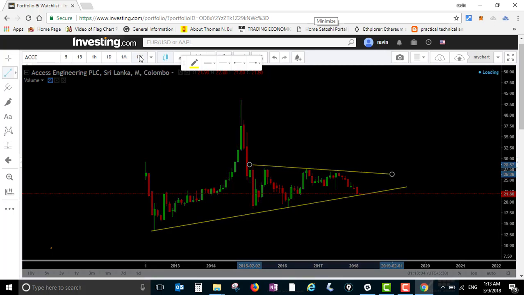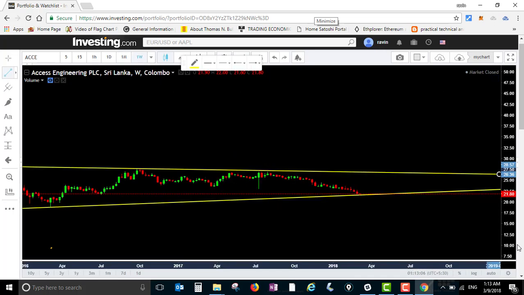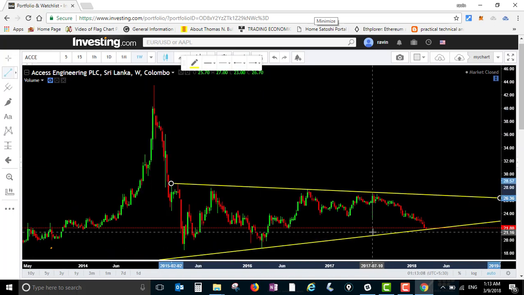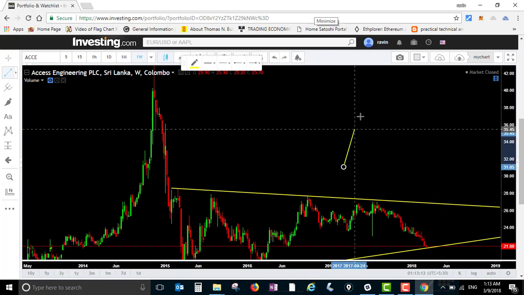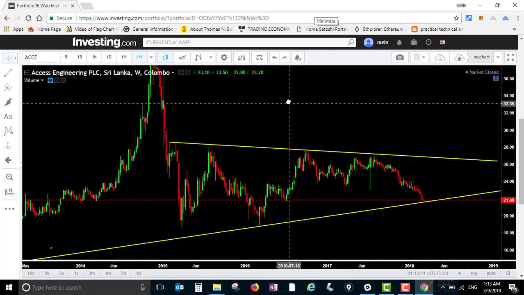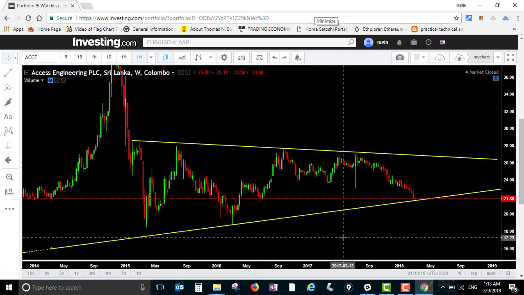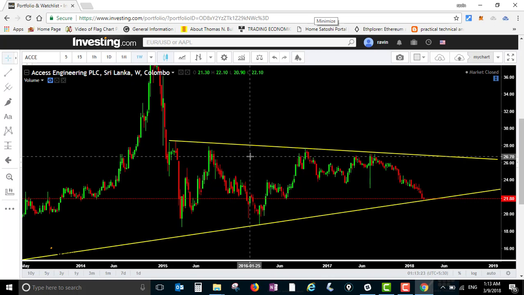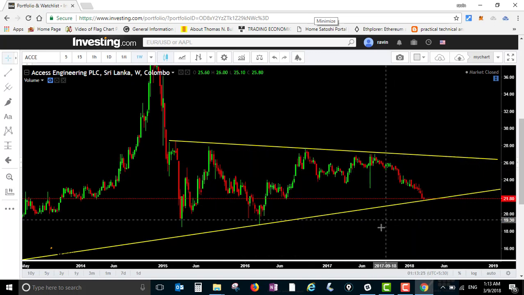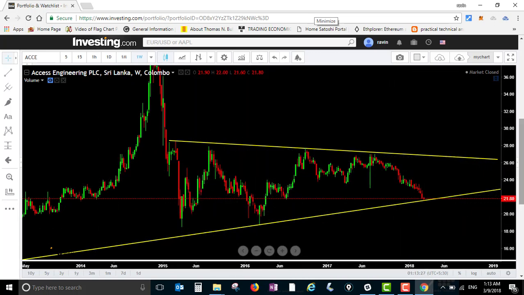Let's drill down to the 1 week chart and see how it appears. In the 1 week chart, you can see it is now clearer than the 1 month chart. Now we know the price is at the moment ranging within a particular pattern.